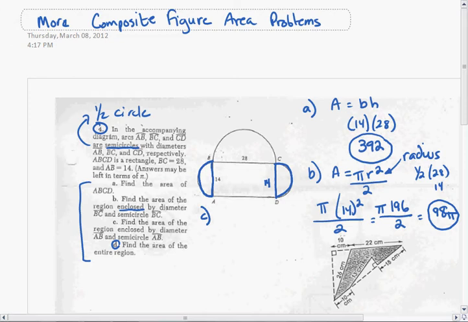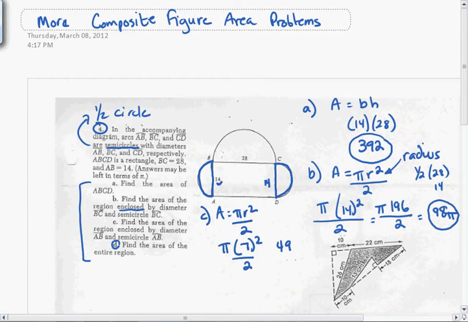So we're going to do the same formula again. Area equals pi r squared, and we do need to divide it by 2. They just want half for the answer to C. Pi, the radius in this case is going to be 7 squared, divide that by 2. And that 7 is coming from 1/2 of 14. 7 times 7 is 49.